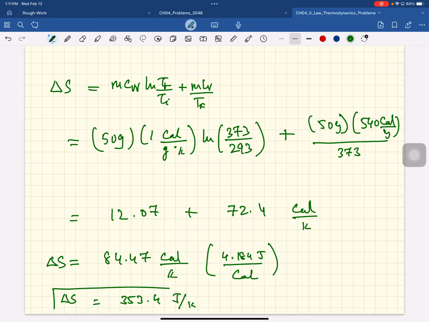So that was the change in entropy when you took 50 grams of water from 20 degrees and boiled it all away.